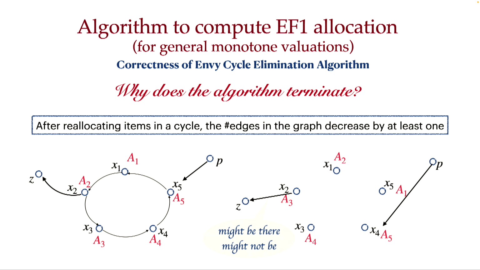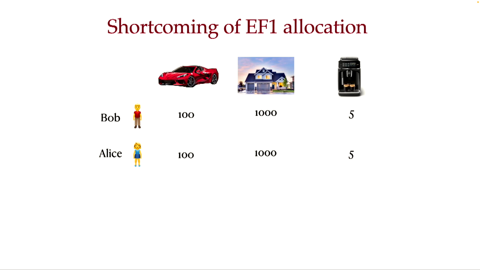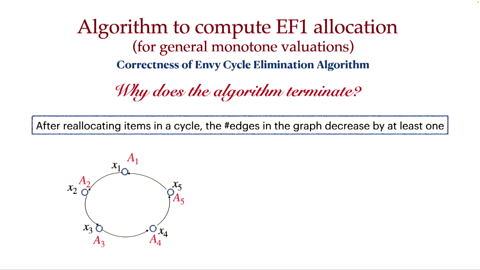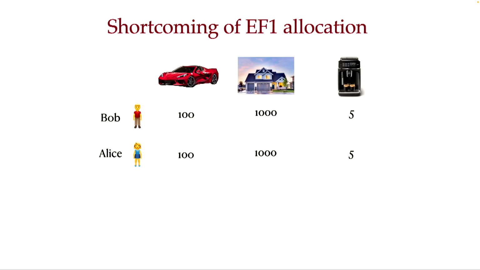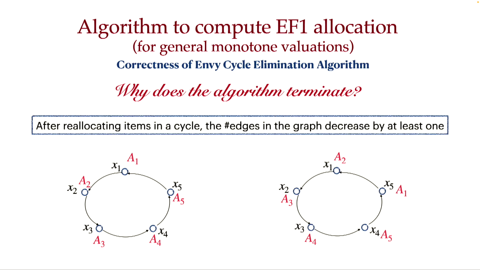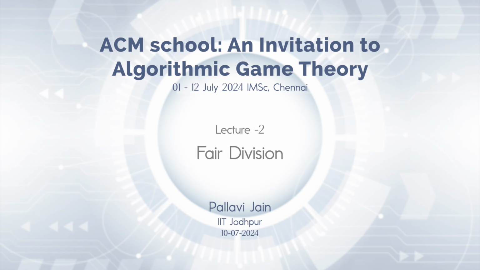We know that the number of edges does not increase with respect to this new allocation, it always decreases. So I keep deleting, and because there are only m edges, I will eventually get a source vertex again, and then I can reallocate to this person who is the source.